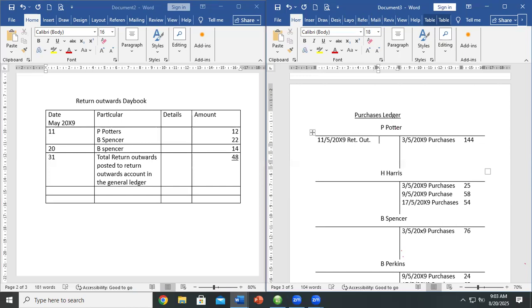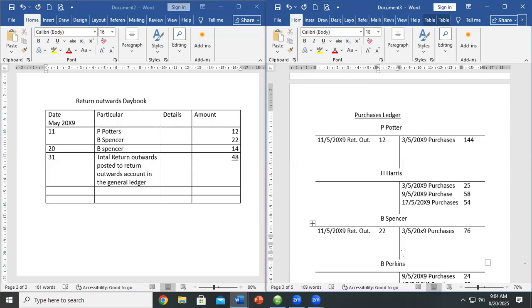How much? 12. That's all. The next person is B Spencer. So B Spencer is already in the purchases ledger, right? On that same 11th May 20X9, another return outwards. You put the amount there, 22.